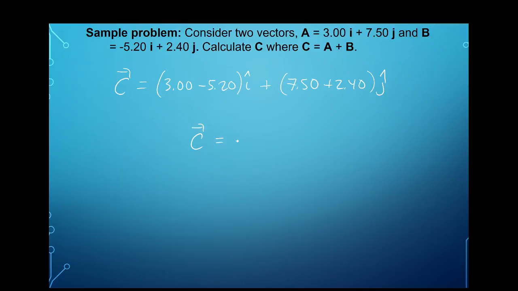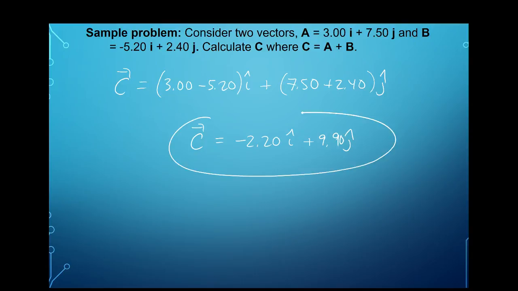So C is just going to be negative 2.2 i hat plus 9.9 j hat. So it's really not too tough to do that.